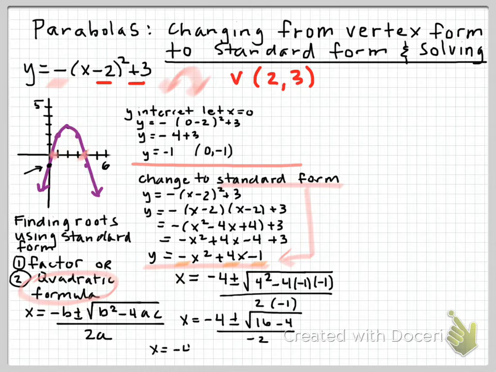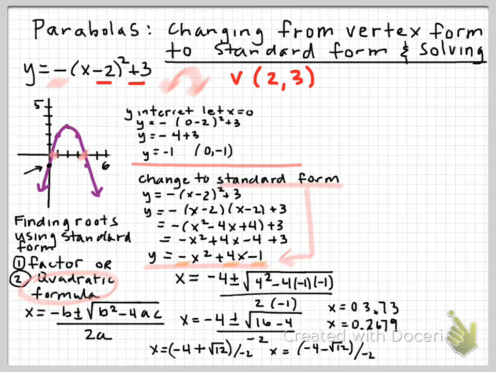So notice, just step by step, following the order of operations, I end up with 2 equations, and I'm going to need a calculator since the square root of 12 happens to be irrational. And notice, by using a calculator, I end up with one root being at about 3.73 and another root being at about 0.0267. And on my graph, I can see that's approximately where those roots would be.